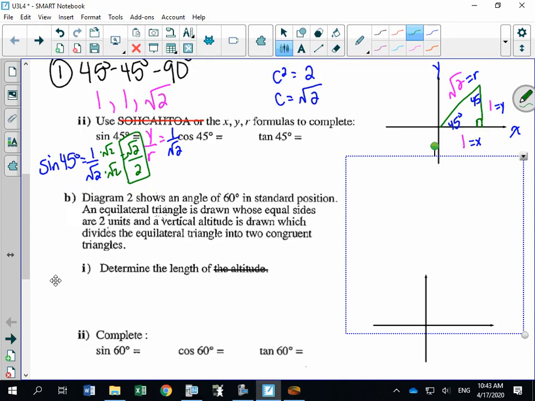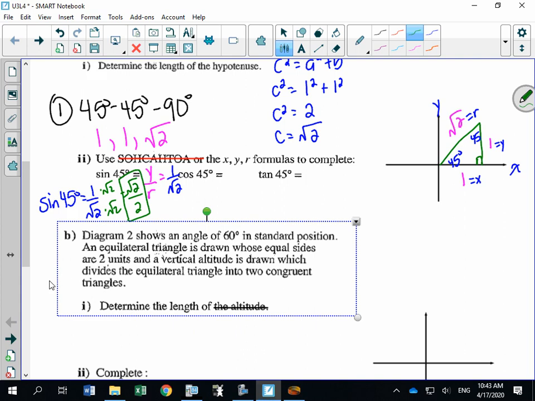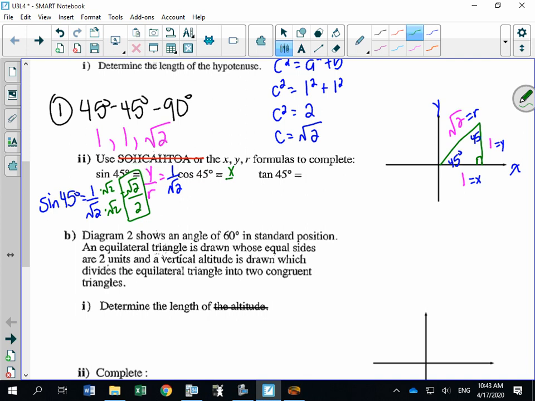Okay, let's do the cos of 45 degrees. So the cos of 45 degrees, we know that if sine is 7 yellow rabbits, cos is x over r. So I'm going to go to my special triangle, and that would be 1 over root 2. And again, I'm going to rationalize 1 over root 2. So 1 over root 2, multiply top and bottom by root 2.